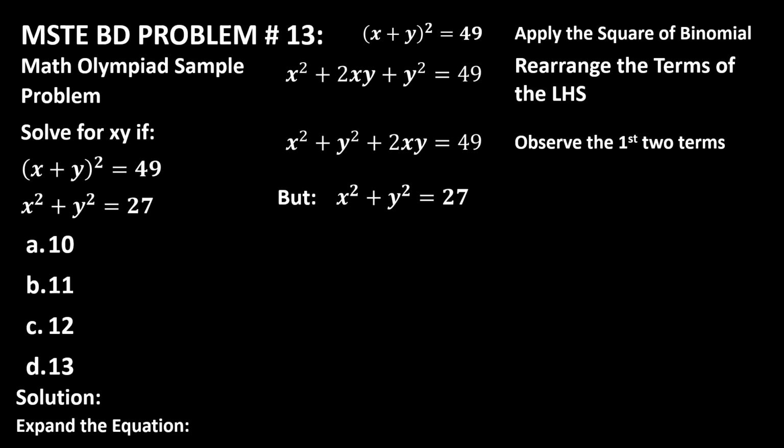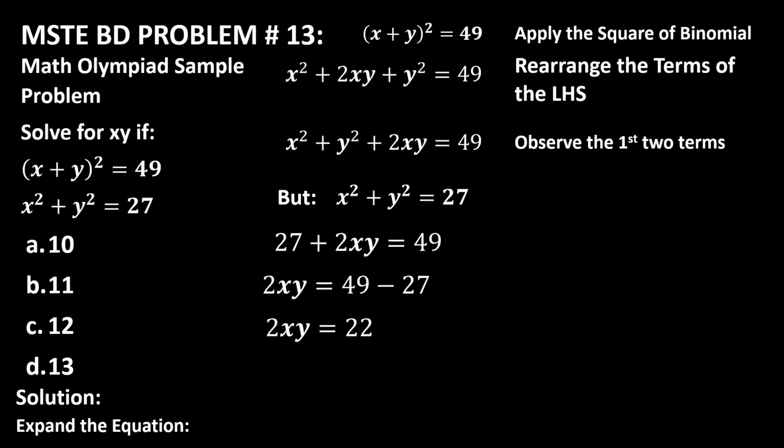That is why we arrive at this result: 27 plus 2xy equals 49. And then let's simplify. 2xy equals 49 minus 27. Coming up next, we have our equation as 2xy equals 22.